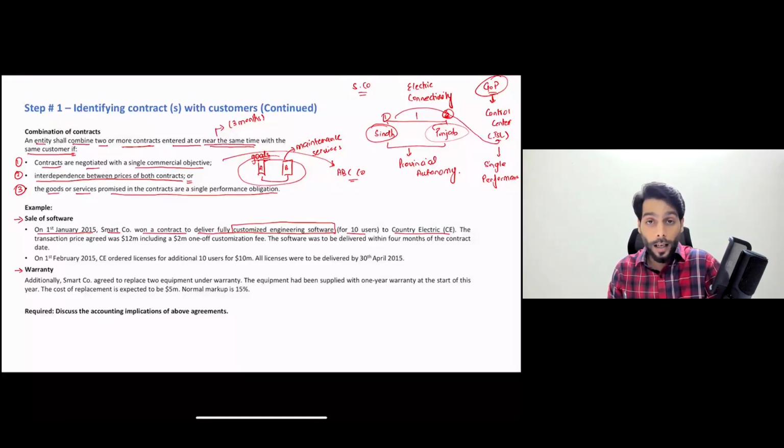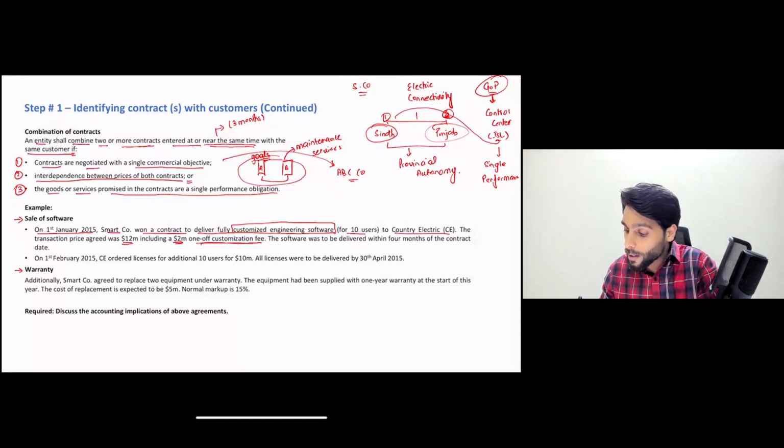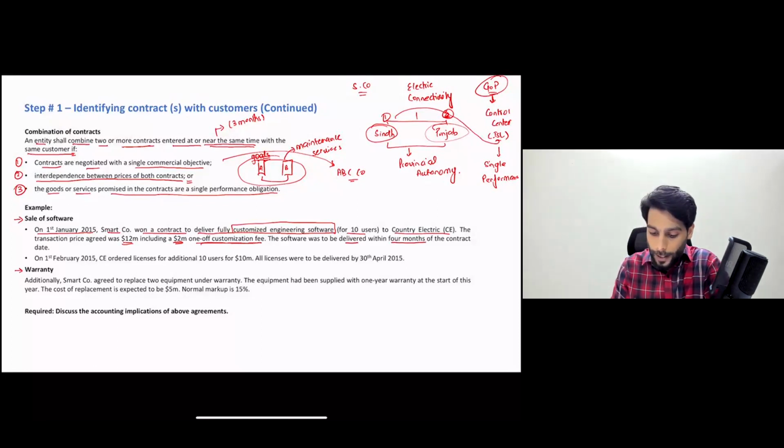All right. So the transaction price agreed was $12 million, including a $2 million one-off customization fee. That means $2 million was charged as a customization fee, so these software licenses were very specific to the customer only. The software was to be delivered within 4 months of the contract date.